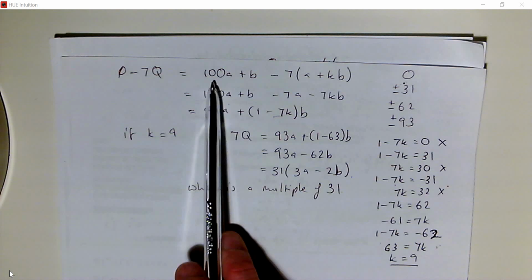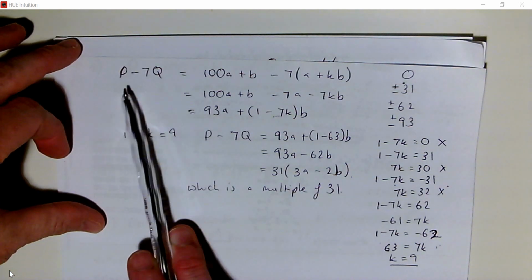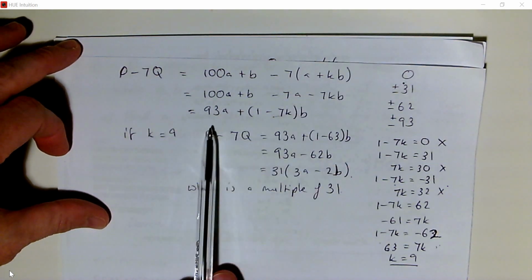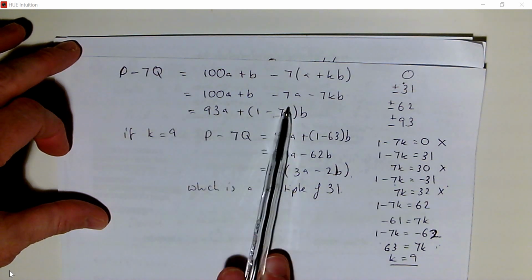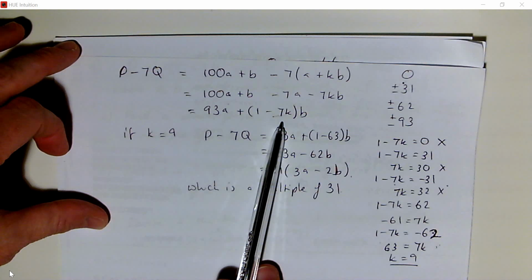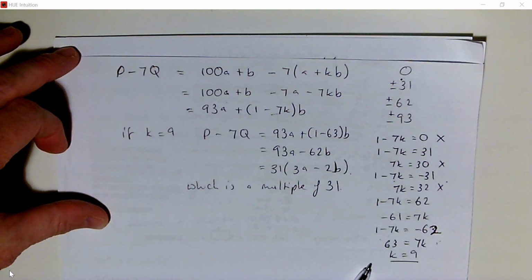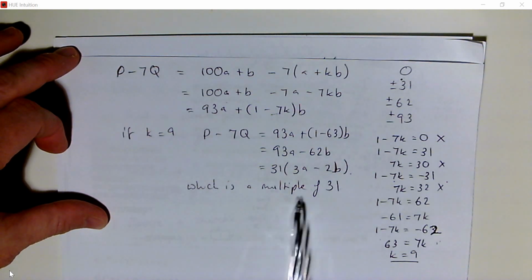All right, so we do what we think we should do, which is follow the instructions of the question, find out what P minus 7Q is. We substitute in, we simplify, and then we collect like terms. We've already got one multiple of 31. We require this to be a multiple of 31. So then we just go through multiples of 31 till we find an option that gives us an integer value for k. And then just to check, we've put k in there and we've simplified it, and we can indeed take out a factor of 31.